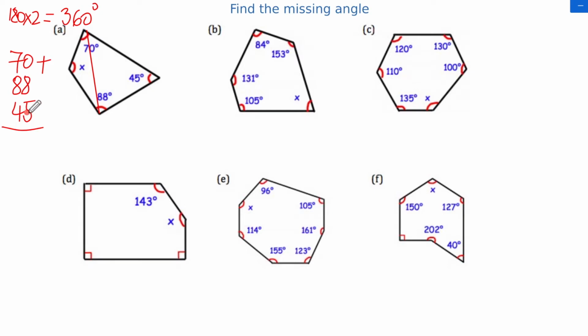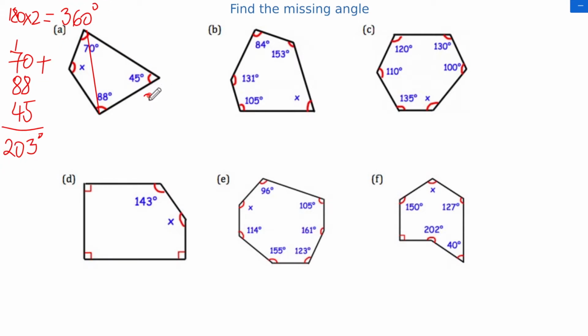And that should give me 5 plus 8, 13, 3, carry 1. And 8 plus 8 plus 4 should give me 20, so 203 degrees. So you know that these three angles here add up to 203. So what you need to do is see how much more you need from this one to get to 360.